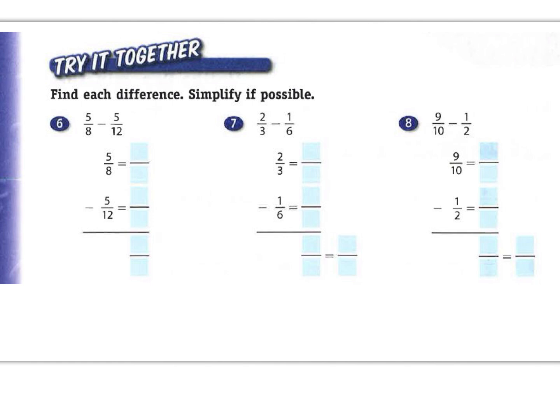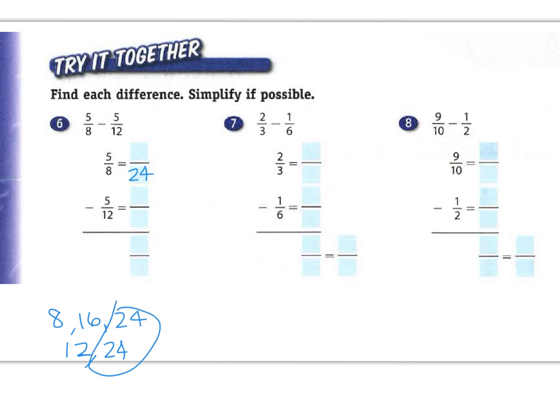This says find each difference. Simplify if possible. 5/8 minus 5/12. We have to think, what do 8 and 12 both go into? I'm going to do my multiples quick. 8, 16, 24. And I know if I do 12, then 24, I can see that's the lowest common one that they have.